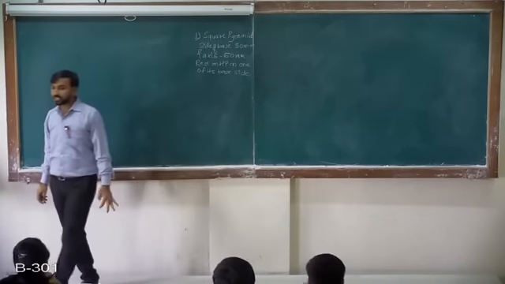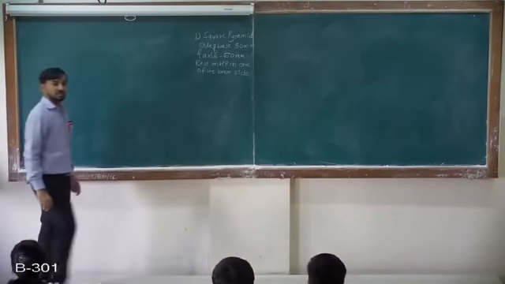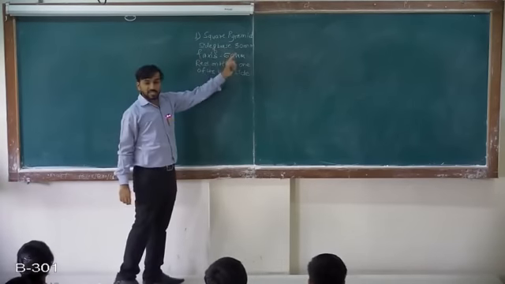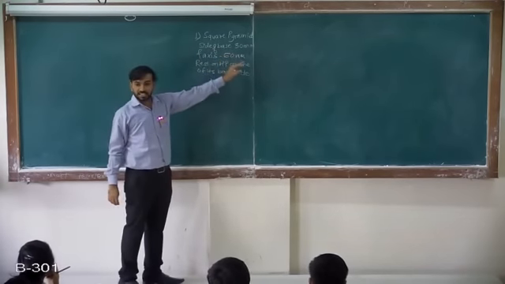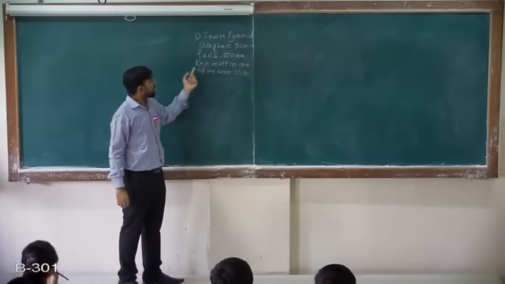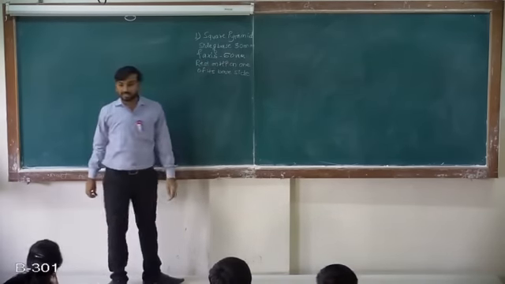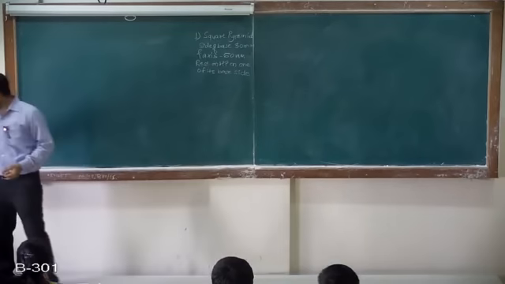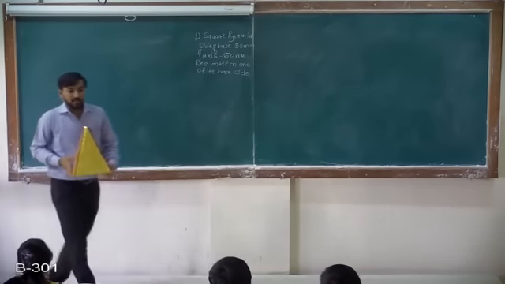Very simple, first stage as mentioned. Square pyramid, side of base 30 mm, axis height 60 mm, rest on HP on one of its base sides. So the first stage is as mentioned, this is a square pyramid.